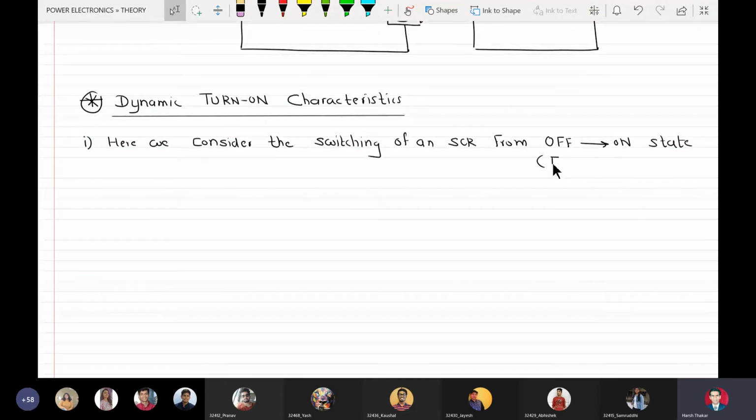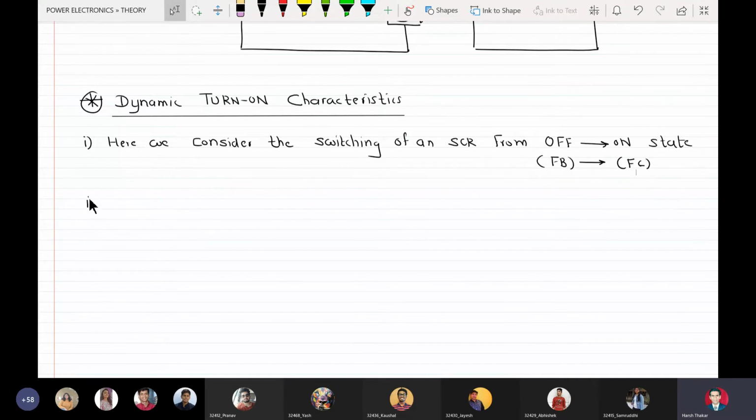In other words, it is from forward blocking condition to forward conduction state. Okay, FB to FC. So FB stands for forward blocking and FC stands for forward conduction.